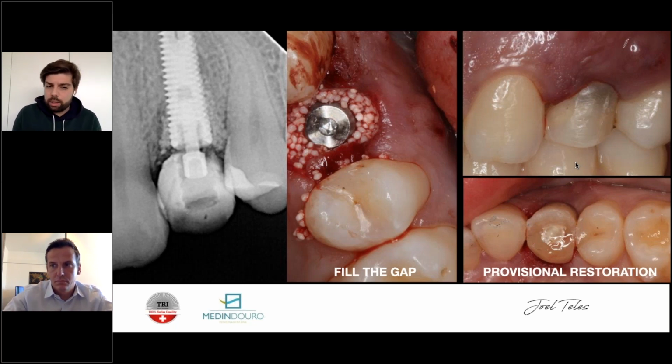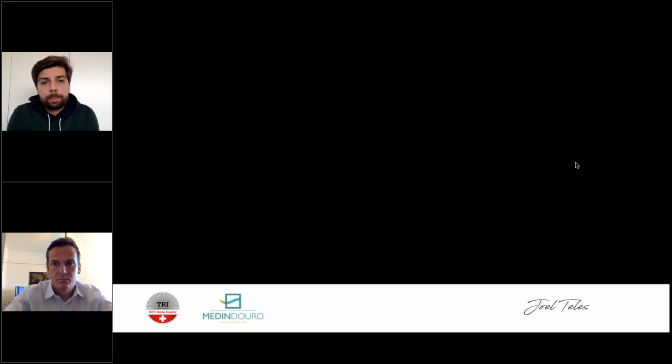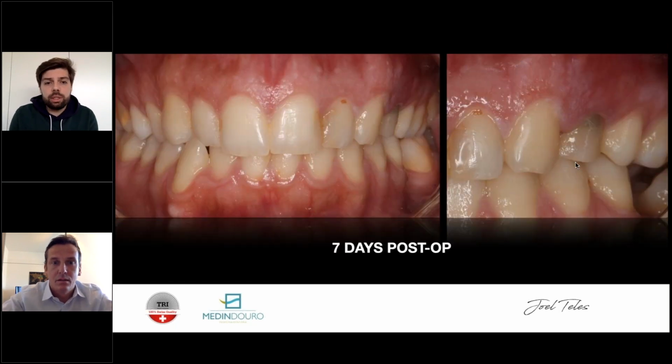You don't have to use opaquer, so you take less space, and the bonding of the existing tooth or whatever material you use under the provisional restoration is easier to this PEEK abutment than it is to titanium. So I much prefer this. And in 7 days, this is the post-op.